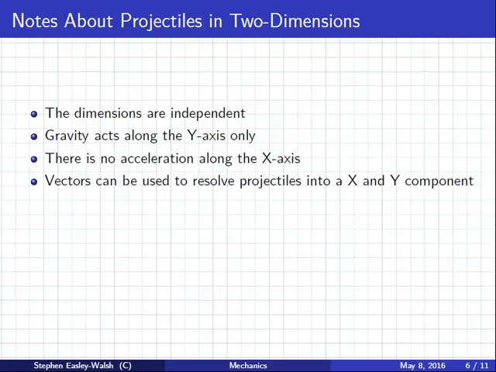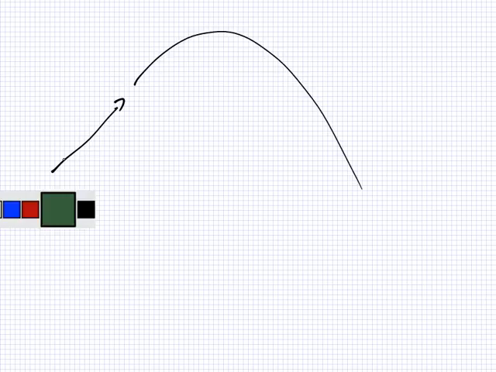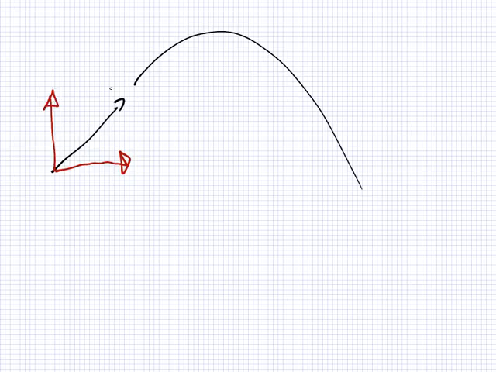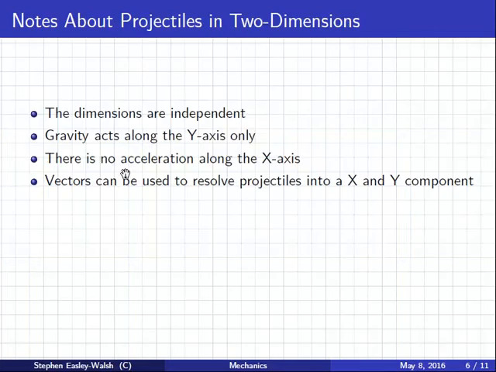You can use what you learned about cos and sine to resolve it into a horizontal and a vertical component, if you know the magnitude and the angle, which you will be given. So you can resolve the vectors as normal.